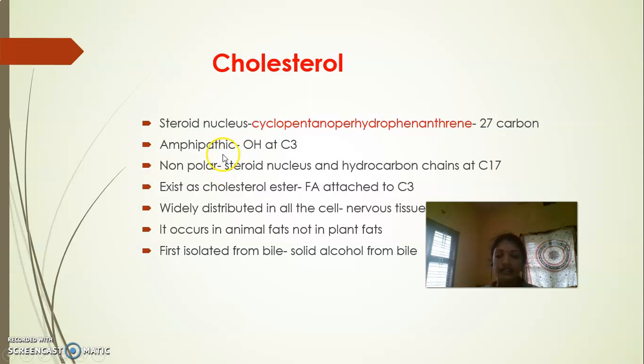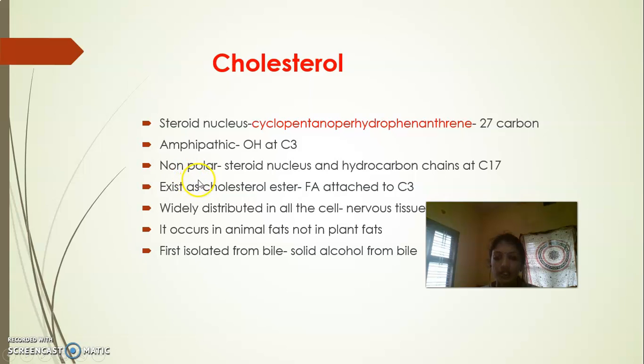They consist of a hydroxyl group at the position 3, and the presence of steroid nucleus and hydrocarbon at the 17th carbon makes them act as non-polar. So because of the presence of both polar group at carbon 3 and non-polar group at carbon 17, they are called amphipathic.